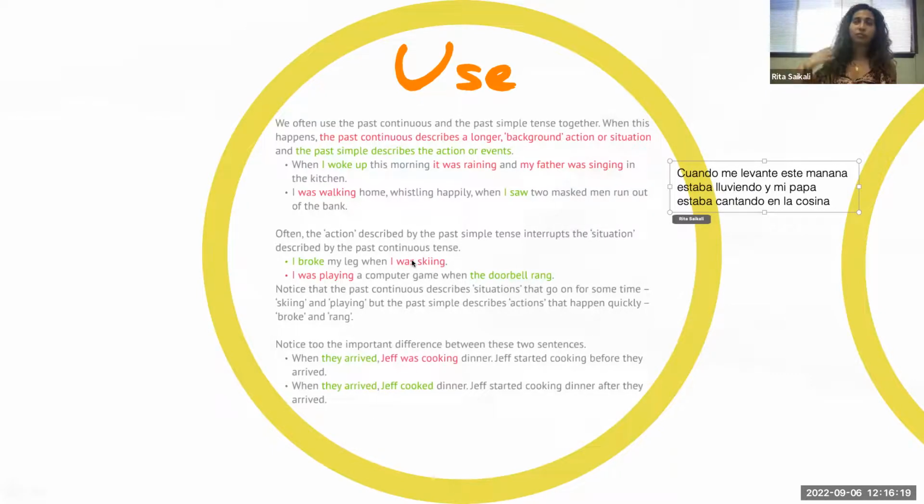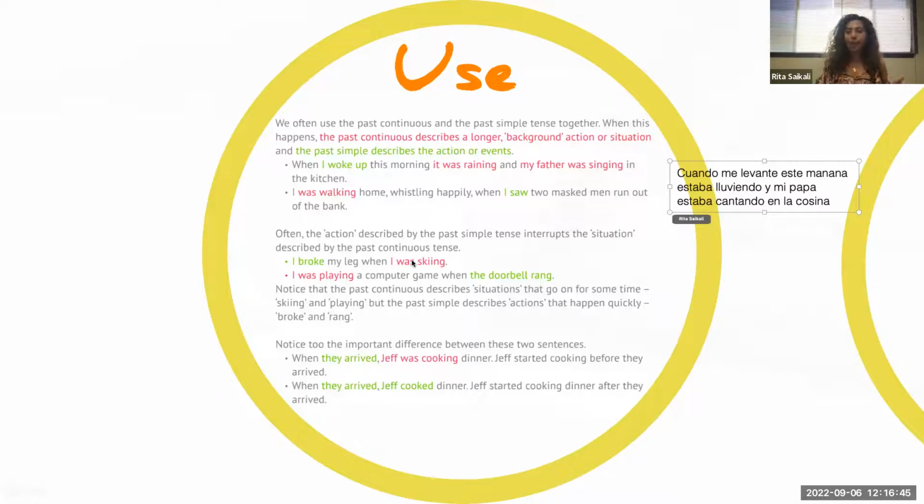So, I was walking when I saw the bank robbery. So if there is an action that was continuing and it is stopped by something, whatever stops it is in simple past, and whatever is continuing is in past continuous.